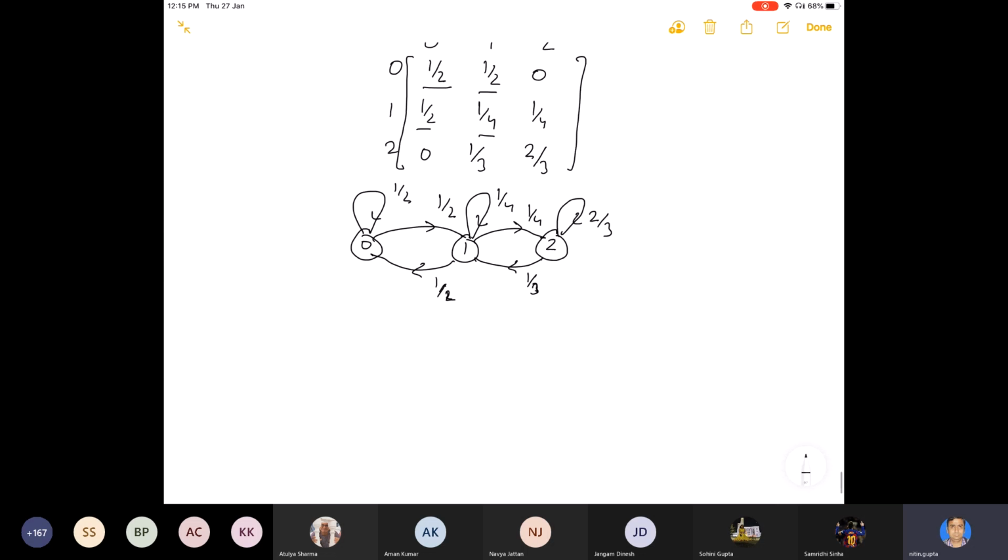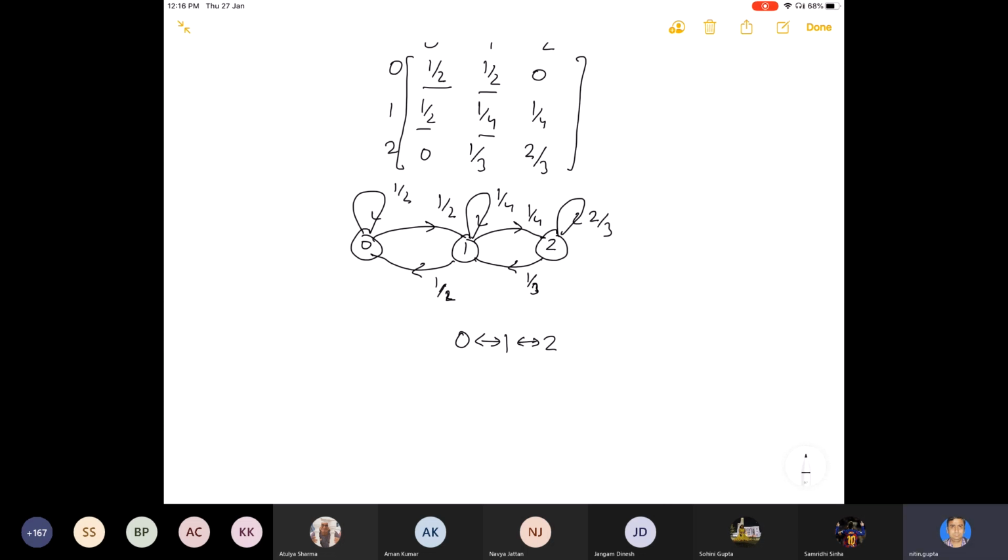So you can easily see here that from 0 to 1 we can go, because a path is there, and from 1 to 0 we can come back. So 0 and 1 communicate with each other. Similarly, 1 to 2 you can go, and 2 to 1 you can come back. So 1 and 2 also communicate with each other. 0 and 1 communicate, 1 and 2 communicate, 0 and 2 also communicate.